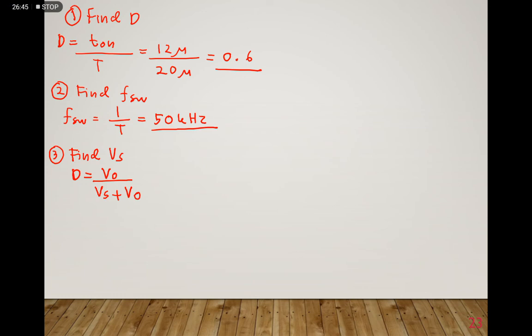So we have 0.3 here equal to 15 over Vs, which is the one that we want to find, plus V0, which is 15 here. Then you rearrange the equation in order to take out your Vs.